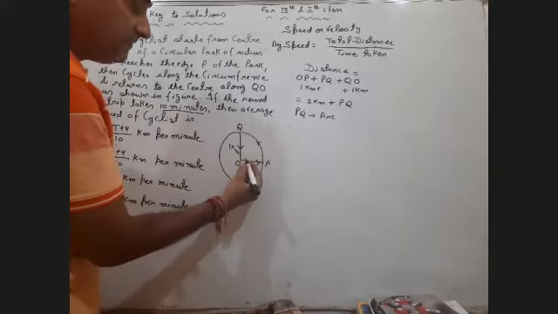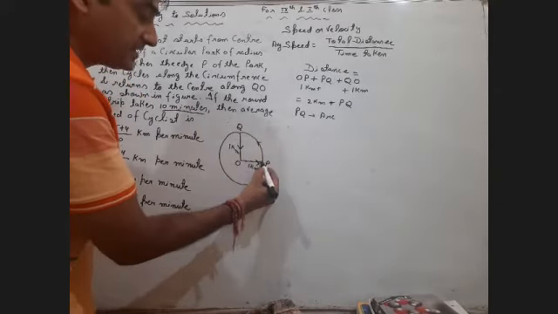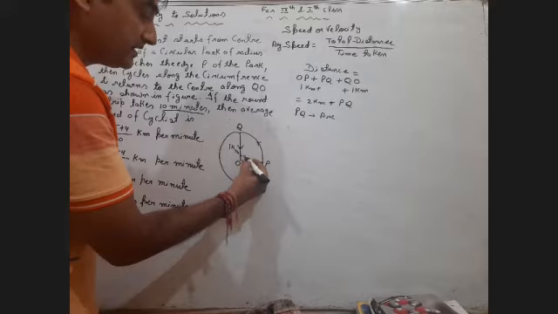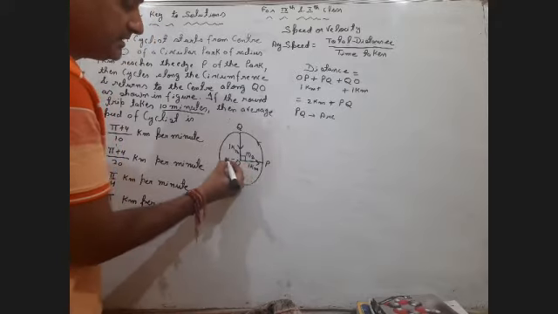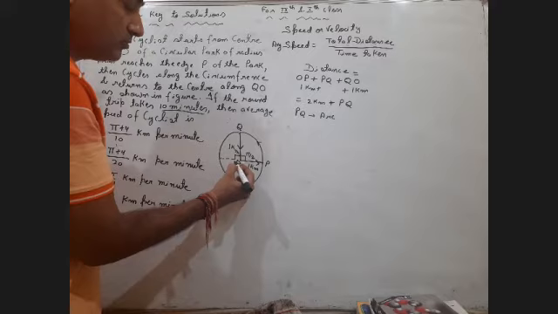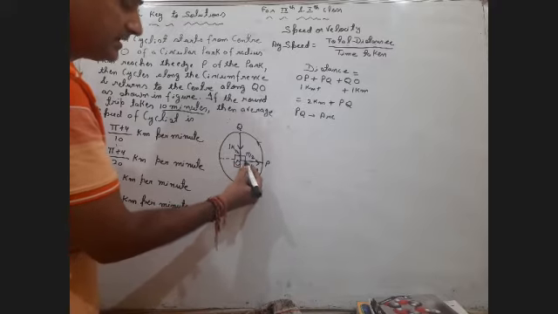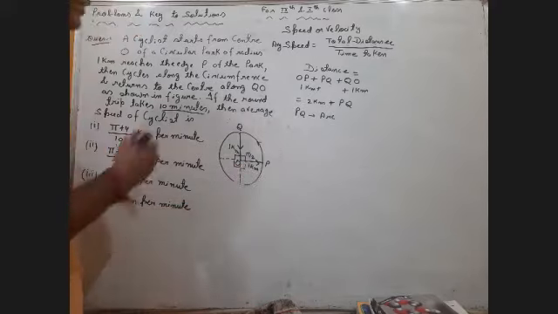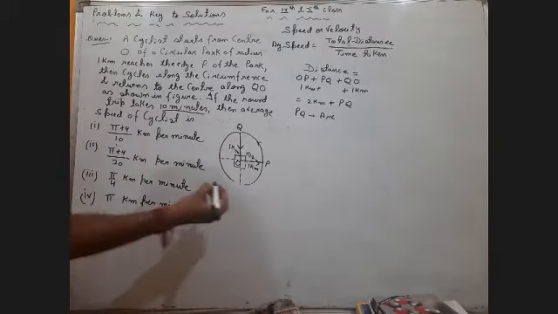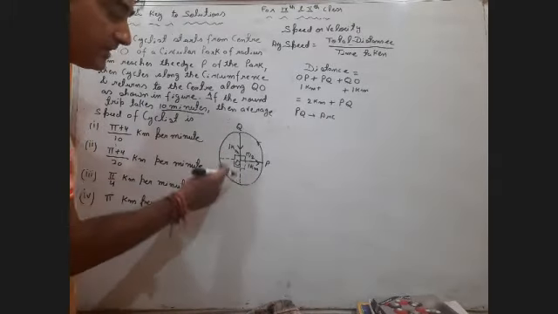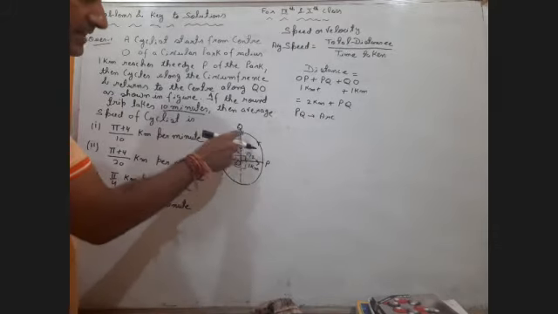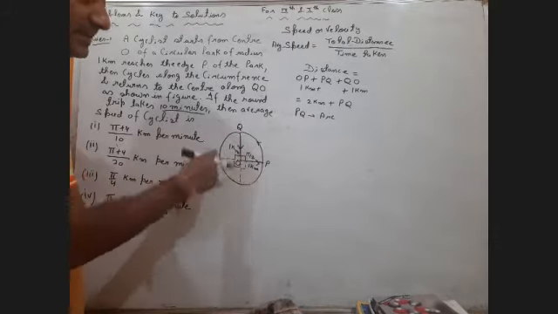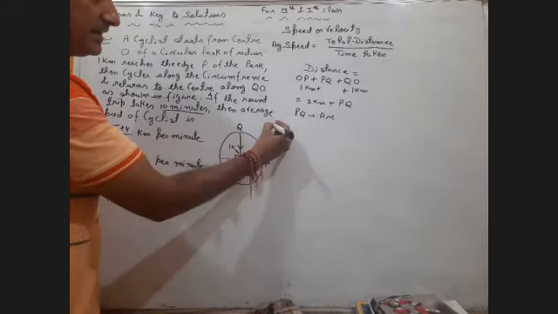See this angle. The angle of this particular part is pi by 2. Getting my point? Again, this angle is pi by 2. If we complete this one, this angle is pi by 2, and again this angle is pi by 2. So if we go for a round trip, how much angle can we travel?